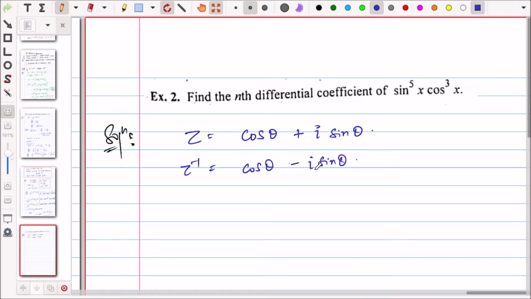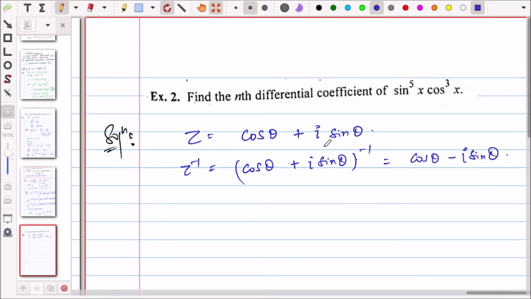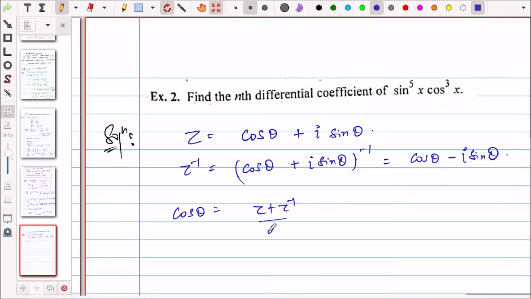So when you add these two terms, the i sin theta gets cancelled, so you get cos theta equal to z plus z inverse by 2. And when you subtract, z minus z inverse, the i sin theta gets added and cos theta gets cancelled, so you get sin theta equal to 1 by 2i times z minus z inverse.